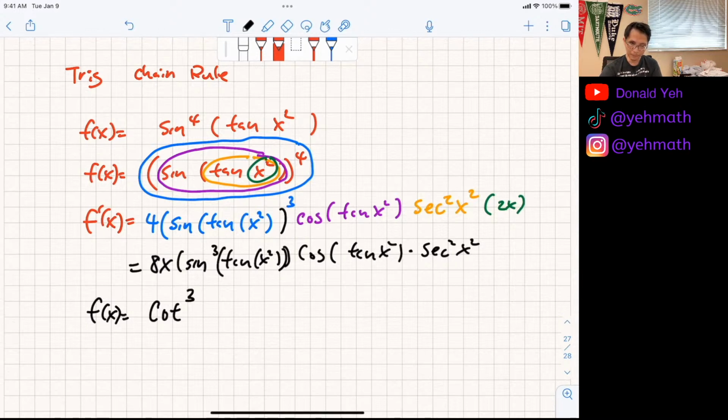Let's do 3 to the secant of 4x squared. I want you to take a derivative of this. This one is slightly different than earlier. Maybe put an extra parenthesis here. Take a derivative of this function.